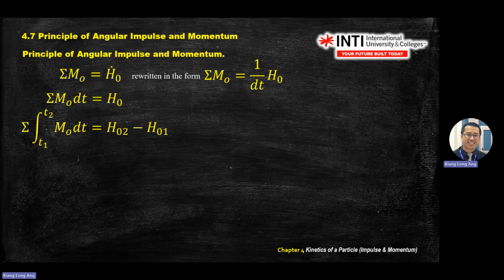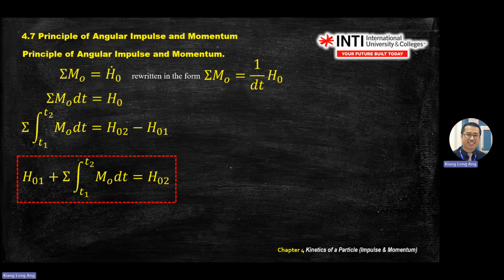So if you use the principle of angular impulse and momentum, it is the same as the principle of linear impulse and momentum. Here it is angular, so angular uses the right hand rule. Either form, this line or this line, is also correct.